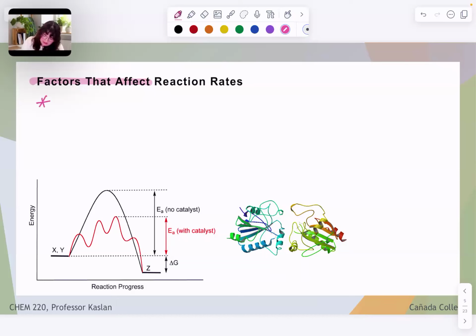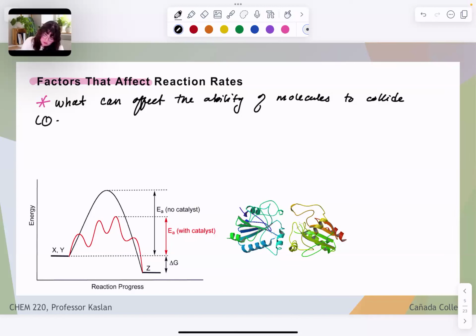So we are going to ask ourselves, what factors, what conditions can affect the ability of molecules to collide, meeting conditions 1 through 3, such that the rate of their collision is faster.